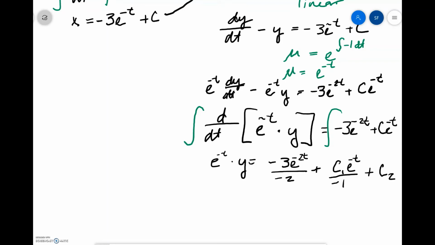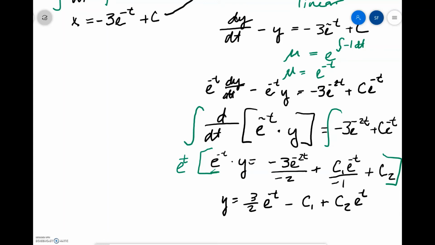Once I multiply everything through by e to the t, in order to get rid of it here, I get y equals 3/2 e to the negative t minus c1 plus c2 e to the positive t.